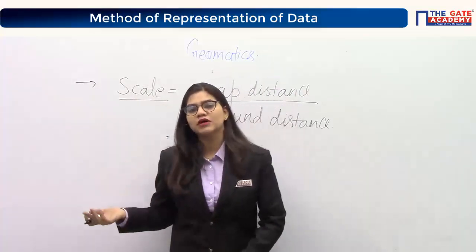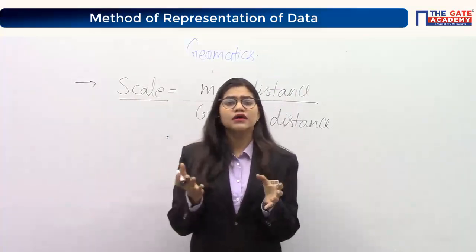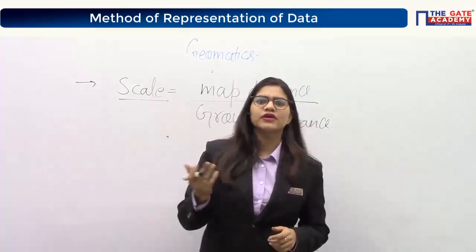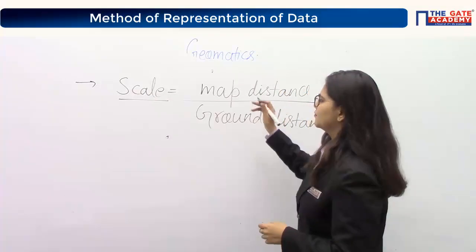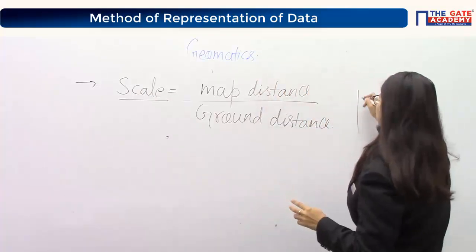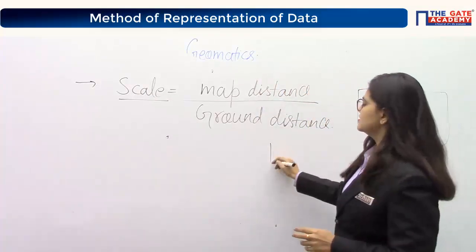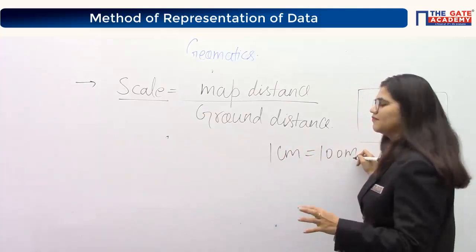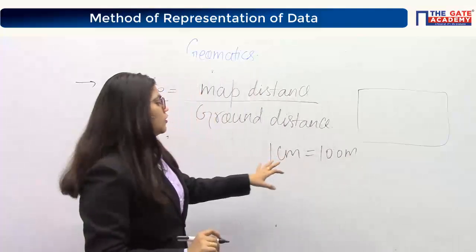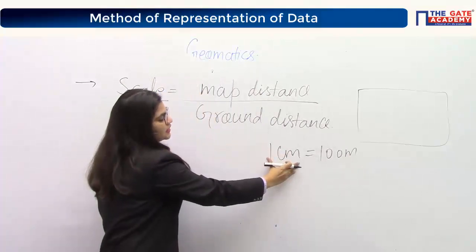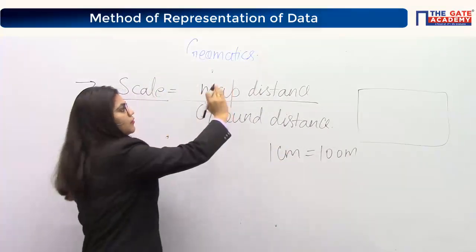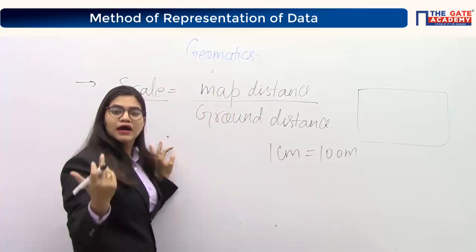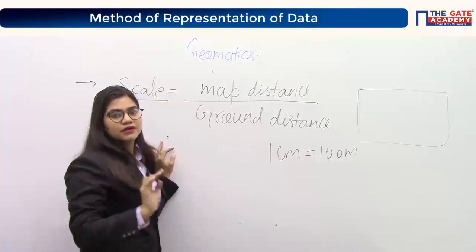You have done so much of your laboratory work. In that you always use map, graph. In graph you generally write 1 centimeter is equal to 100 meter or something. So 1 centimeter is your map distance, and you are representing 1 centimeter on map as 100 meter on ground.